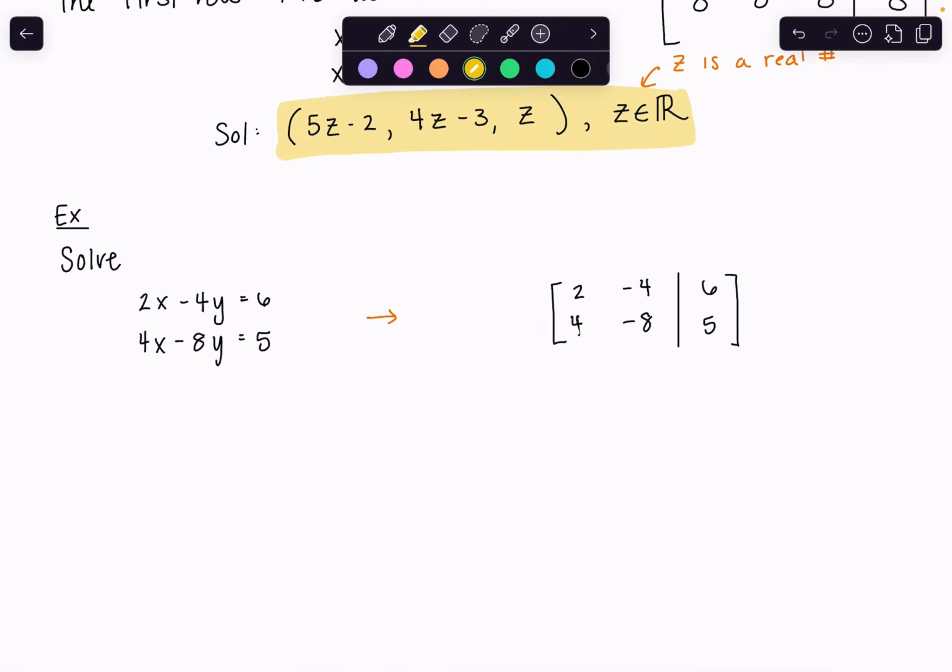So first thing I want to do is I want to get a 1 in that diagonal position. So we need to turn this into a 1. So I just take row 1, I divide it by 2, and that's my new row 1. So that gives me 1, negative 2, 3.